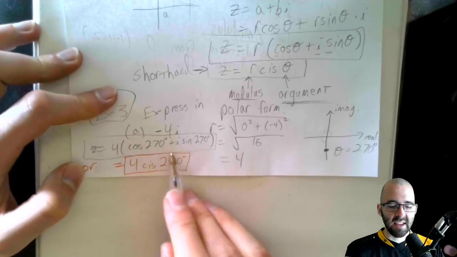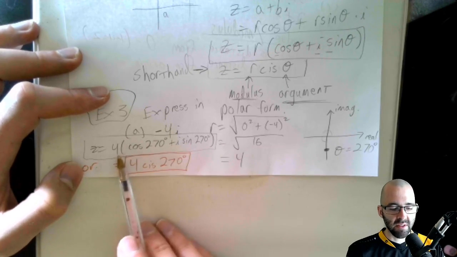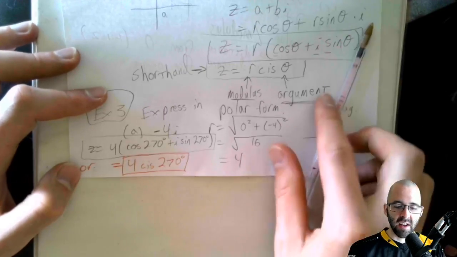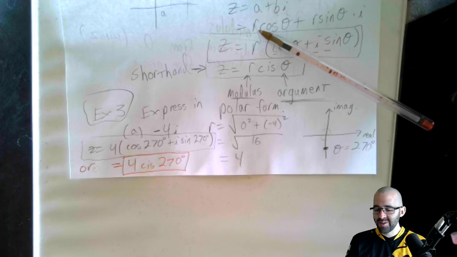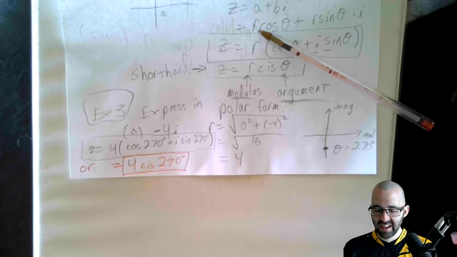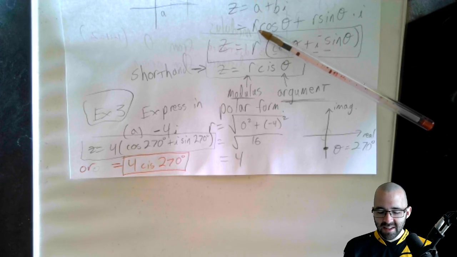These both mean the exact same thing. Obviously the one on the top is a lot more writing. And be very careful here, because what you might want to do is simplify. What's the cosine of 270 degrees?